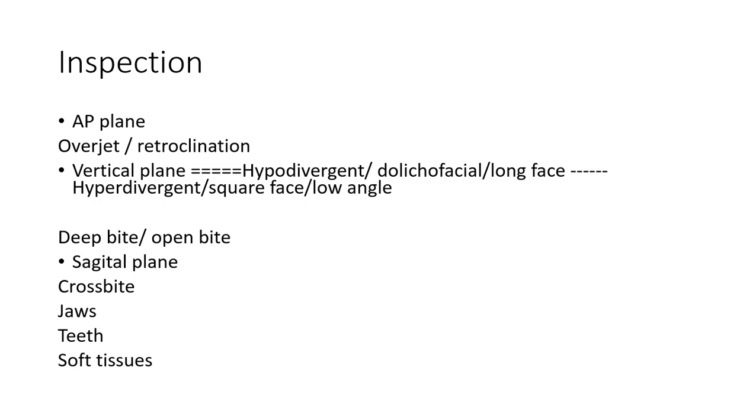In the anterior posterior plane we look for the overjet and retroclination of the jaws and the teeth, and in the vertical plane we should look for the long face and short face, for which many terminologies can be used. The long face is the dolichofacial or hyperdivergent, and the hypodivergent face or short face is the low angle case.